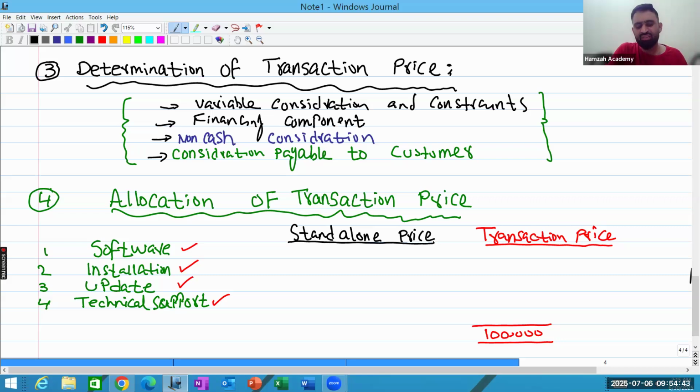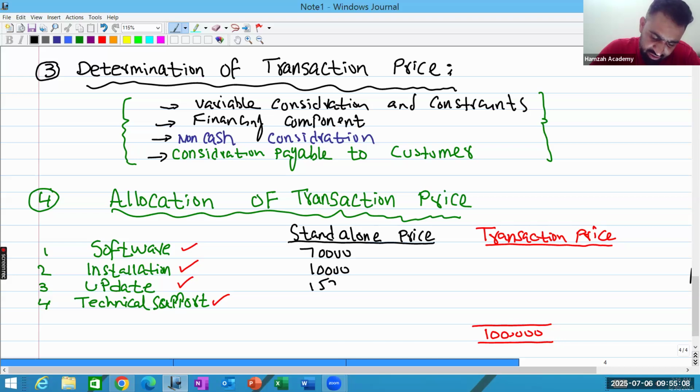Stand-alone price is the price at which I sell the goods and services separately. The price I would charge, that would be the stand-alone price. Normally I sell the software for $70,000. Installation services I sell for $10,000.